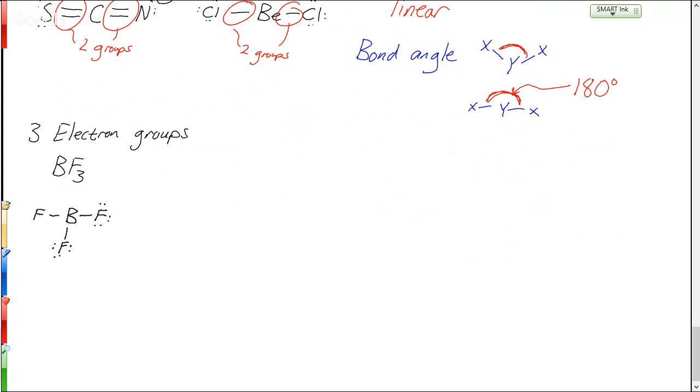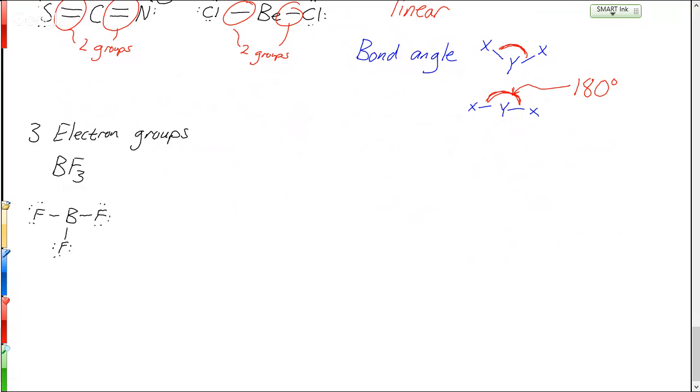Boron, again, is one of our exceptions, so it only gets 6 total electrons. We might draw the Lewis structure like that. Is that as far apart from each other as those fluorines can be, as those electron groups can be? It's not. How could they be farther apart from each other? You could bend the top 2 like that. Yeah, they're going to be equidistant.